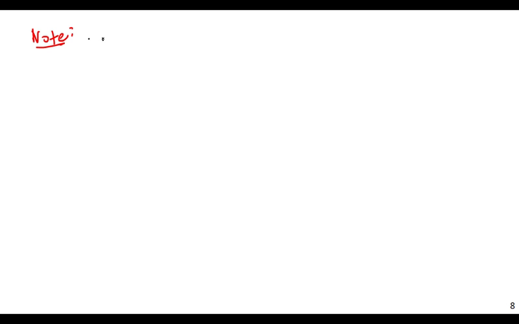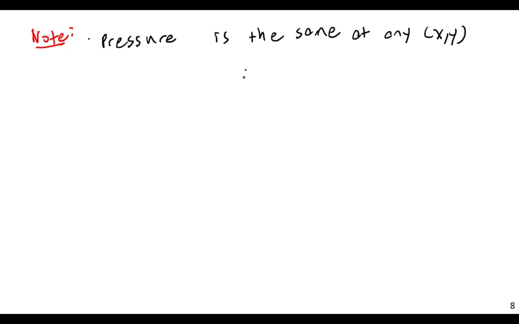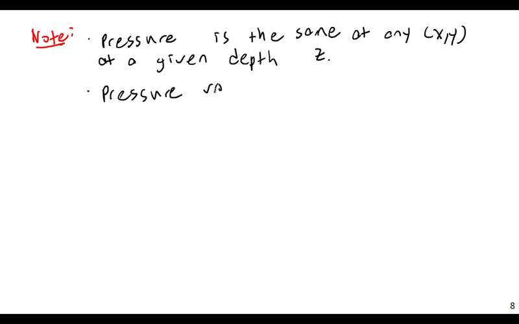Again, as we've mentioned, pressure is the same at any xy at a given depth z. Pressure varies linearly if gamma is constant.